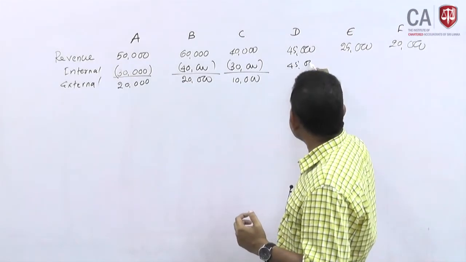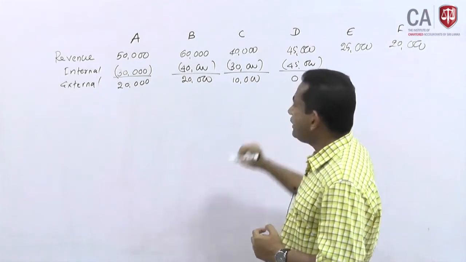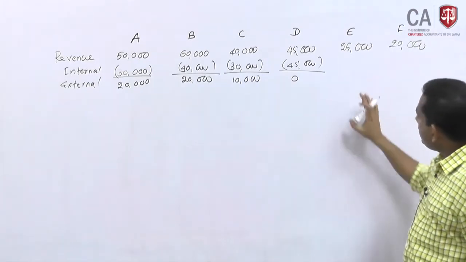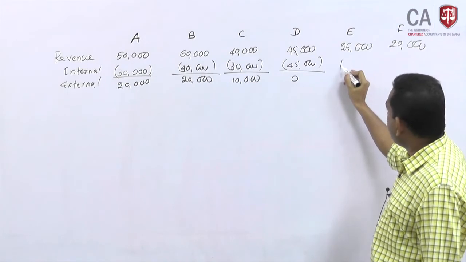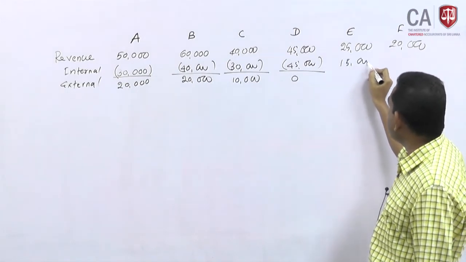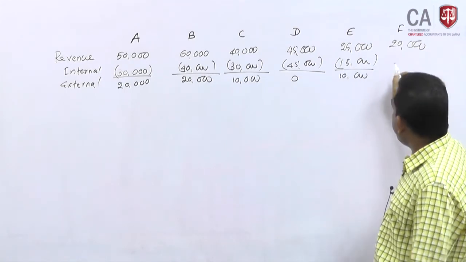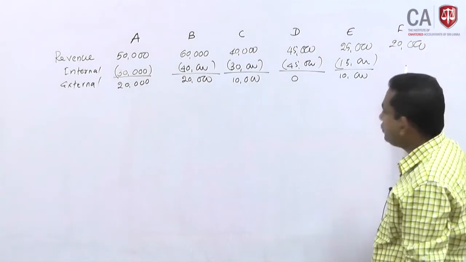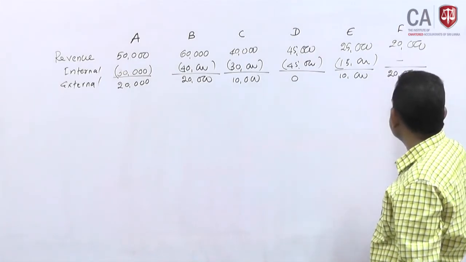Entire 45,000 has been internal, so the external part is 0. Then E, out of 25,000, 15,000 has been internal, only the balance 10 has been external. F, out of 20, nothing internal is included and the entire 20 has been external.